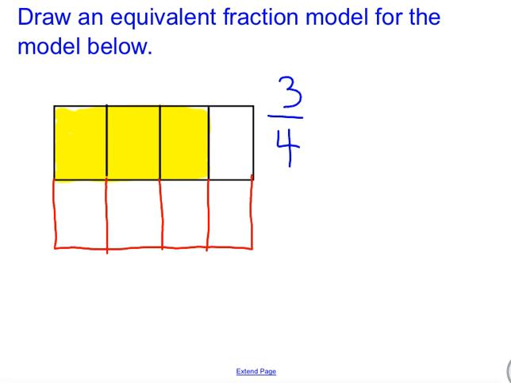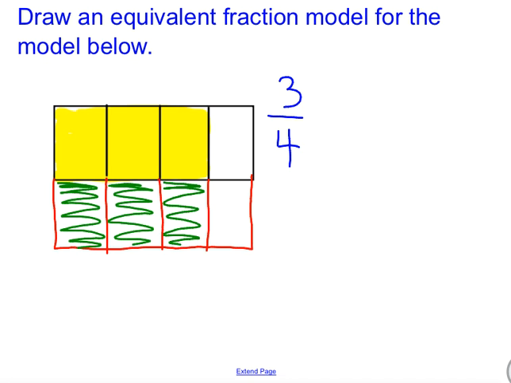I'm just going to do it in a different color so that we can see it. Okay, so I'll do green. All right, so I'm still shading in. So I actually cloned it, right? So now it still says 3/4. Now, 3/4 is equal to 3/4. I need to show a model that is equivalent using a different numerator and a different denominator.